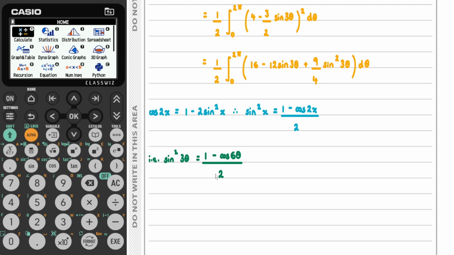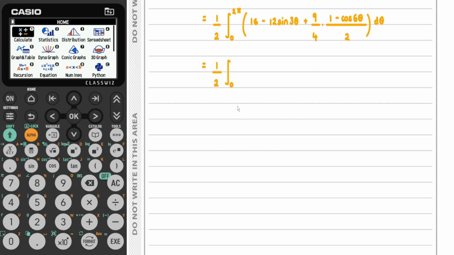The reason this is useful is because we can rewrite the result into a more integrable form. So we've got a half times the integral from 0 to 2 pi of 16 subtract 12 sine 3 theta plus 9 over 4 multiplied by (1 subtract cos 6 theta) over 2 d theta.